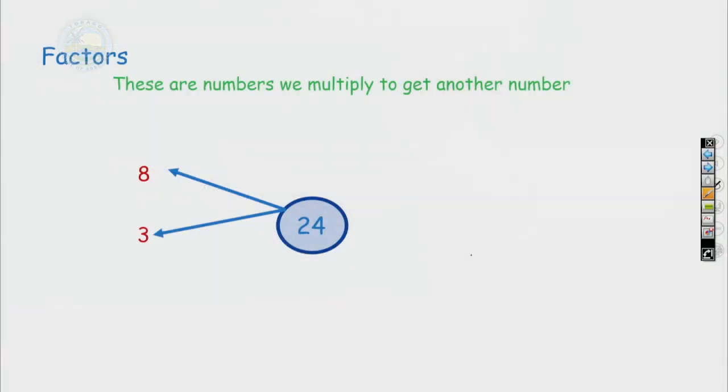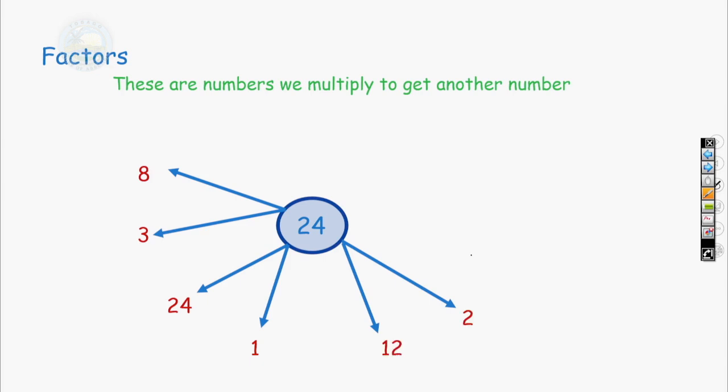So here we're saying that factors are numbers that can be multiplied to give us another number. Here we have that 8 and 3 can be multiplied to give us 24. Likewise, can you think of any others? Likewise, 24 and 1, yes. 1 times any number is that number, so 1 times 24 is going to give us 24. Here, 12 times 2 is 24.